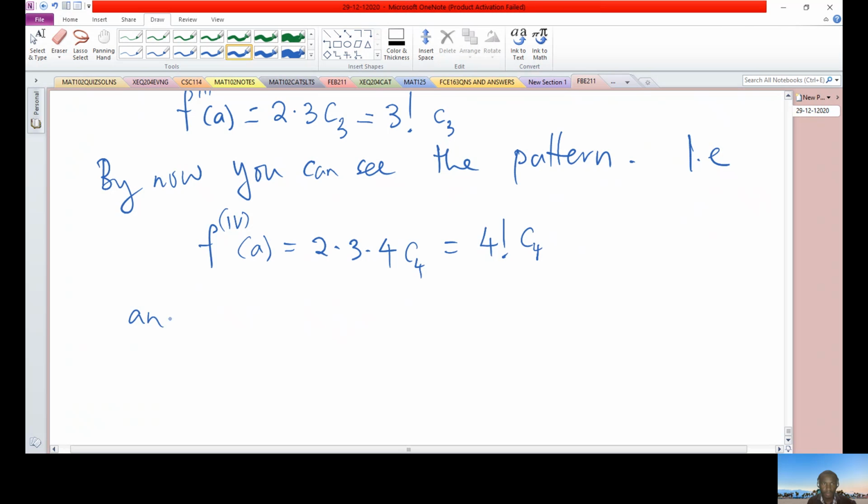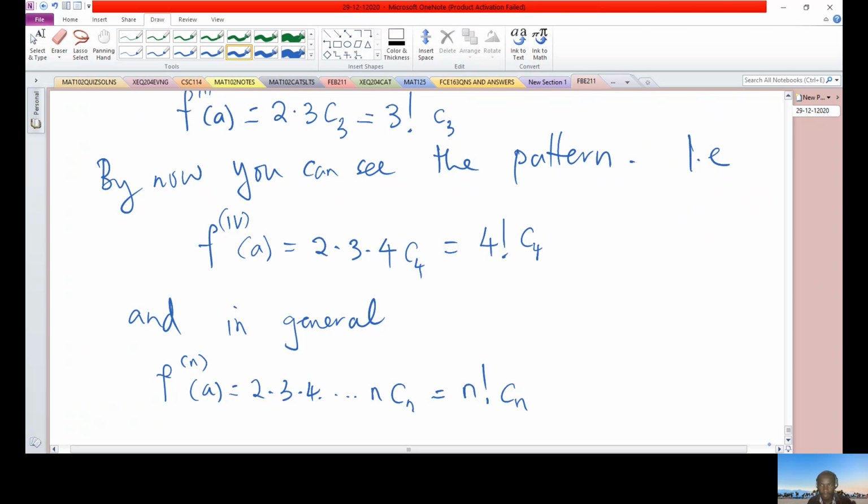And in general, the nth derivative at a will be given by 2 by 3 by 4 up to n times Cn, which will be n factorial times Cn.